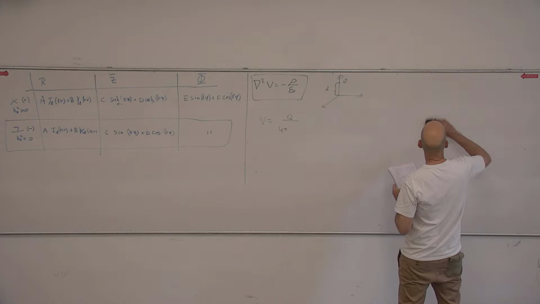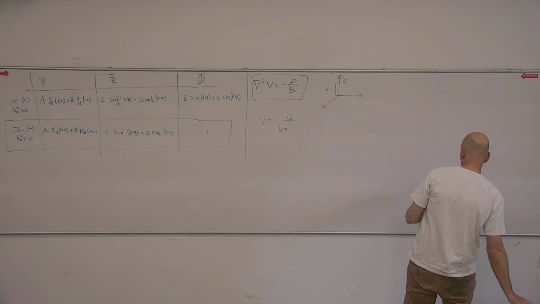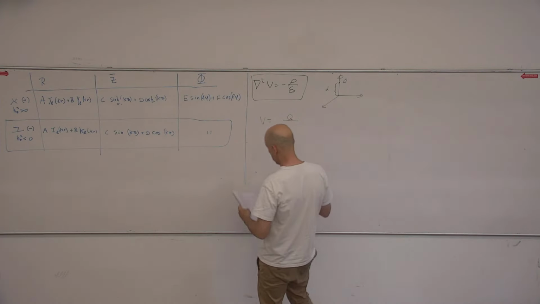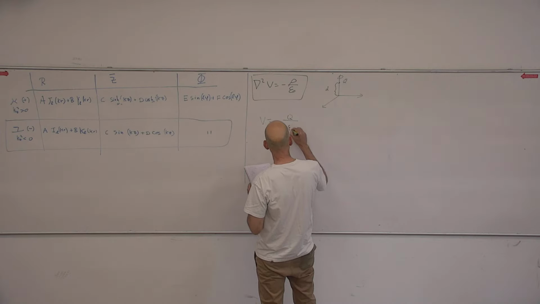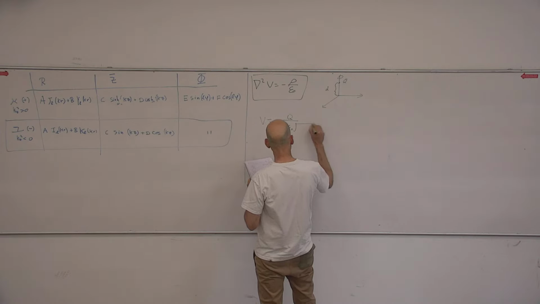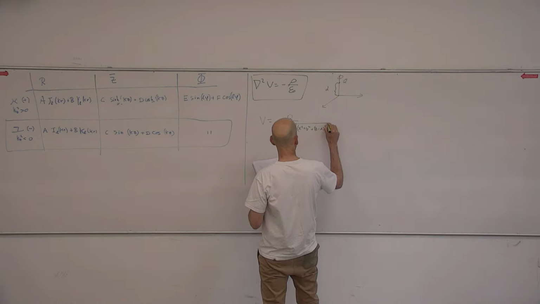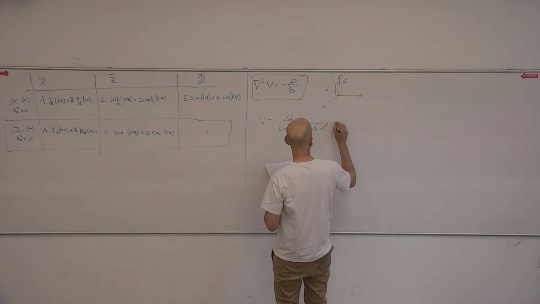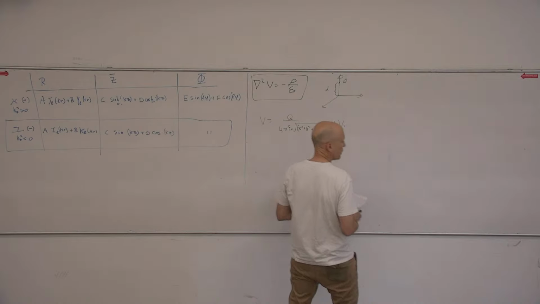But now we're going to focus on upstairs only. So we are going to write the upstairs as one over the square root of x squared plus y squared plus (z minus d) squared, plus V1. What am I doing here?